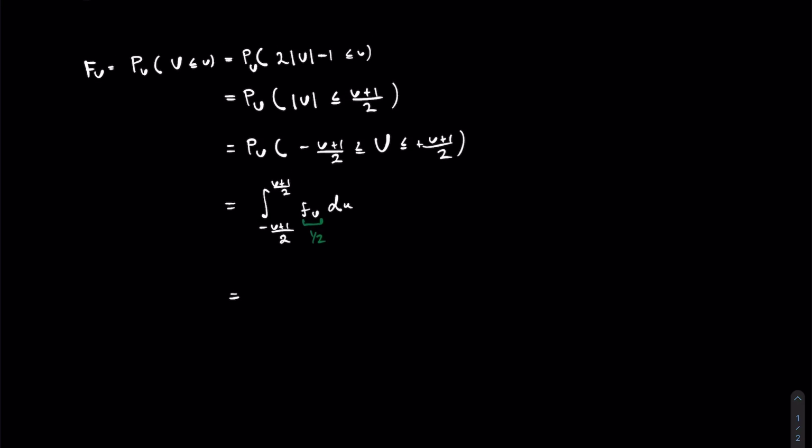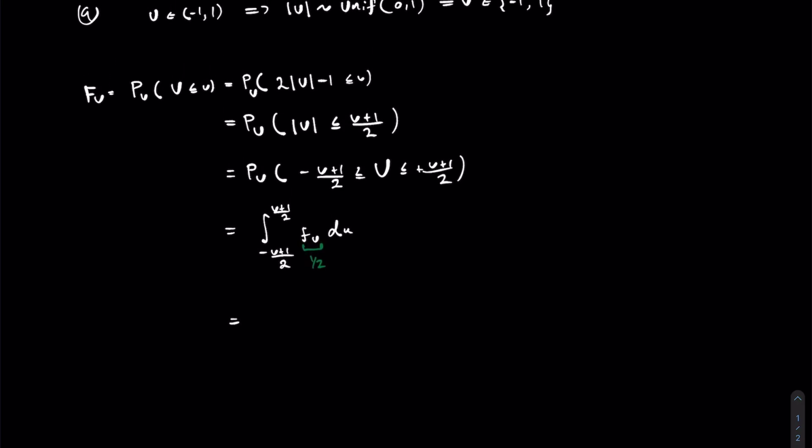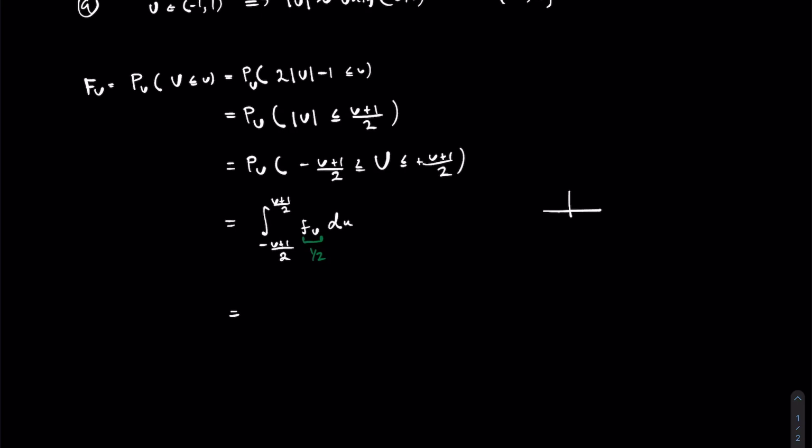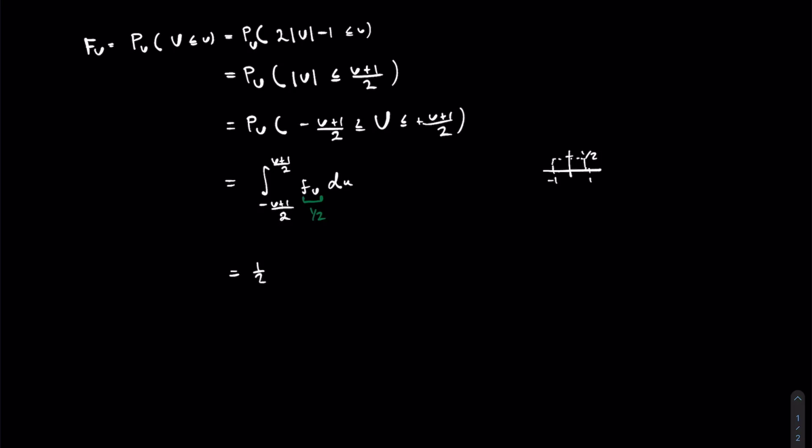That's because we have a u that goes between minus 1 and 1. You can visualize this distribution from minus 1 to 1: this is the PDF of u. That has to be a half here in order to add up all the density from minus 1 to 1. And so we have a half here.